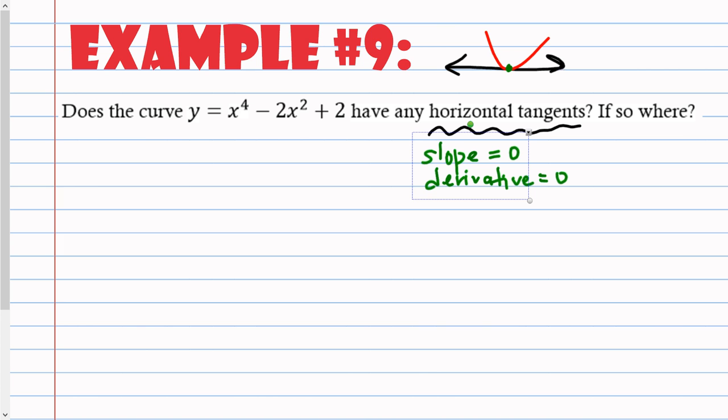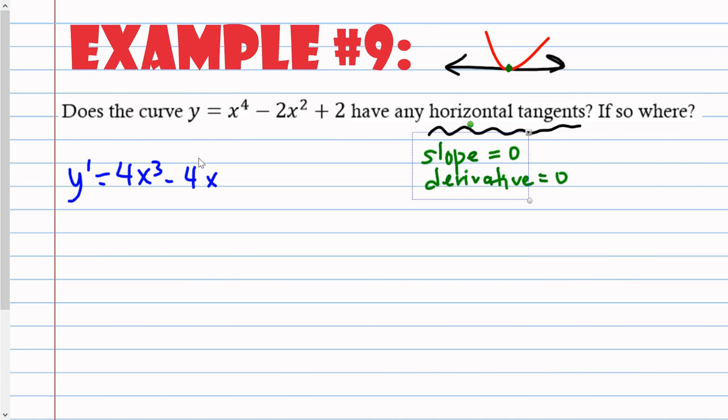So first off, what we're going to do is figure out where the derivative equals 0, if anywhere. Alright, so we're going to derive: y prime equals 4x cubed minus 4x.